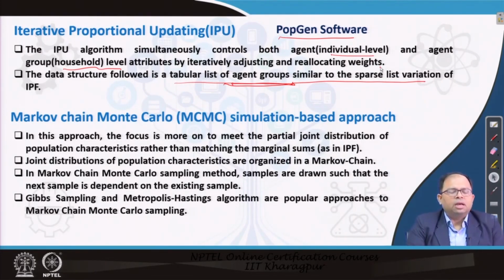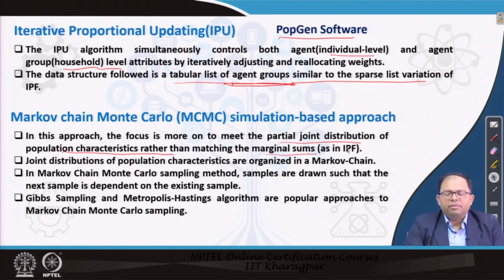Then finally comes another process which is also getting popular these days, which is Markov chain Monte Carlo simulation, and this is also adopted for determining synthetic population for an area. In this approach, the focus is more on meeting the partial joint distribution of population characteristics rather than matching the marginal sums as in IPF.